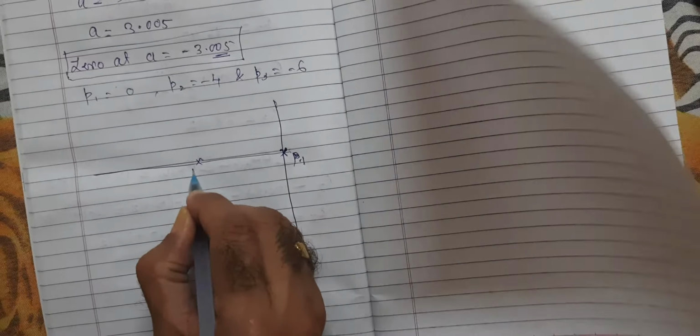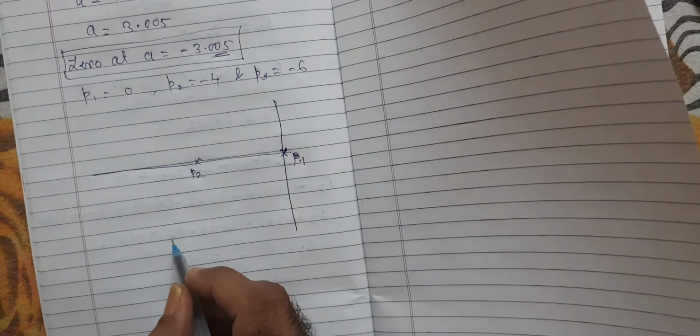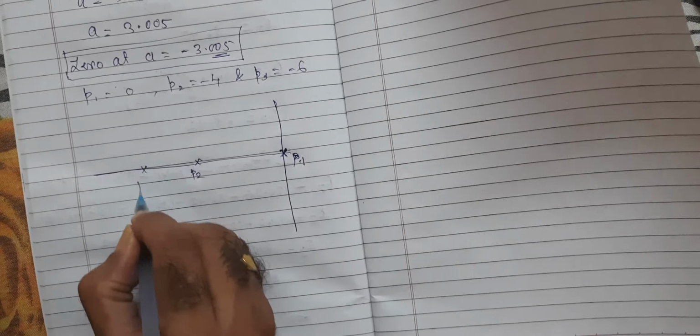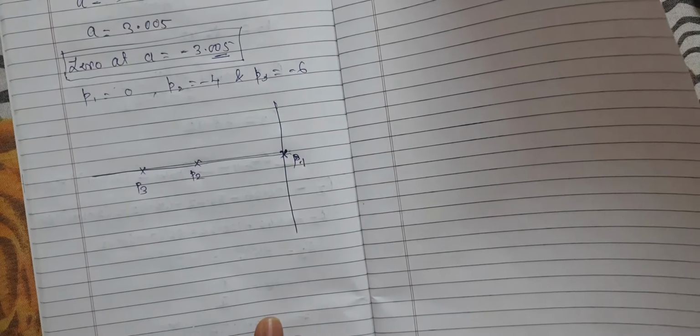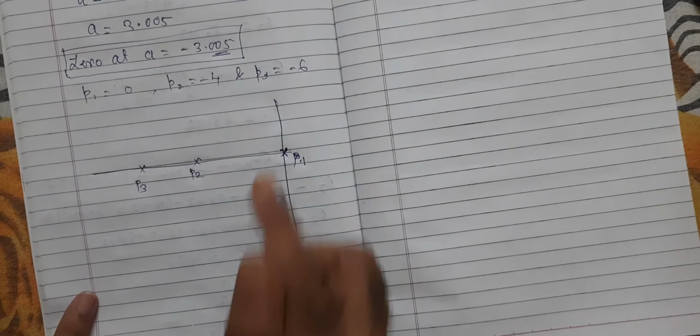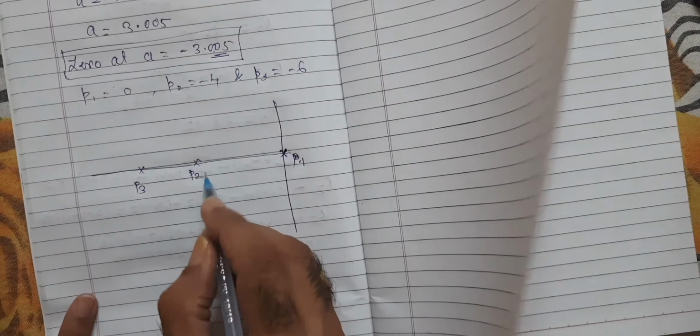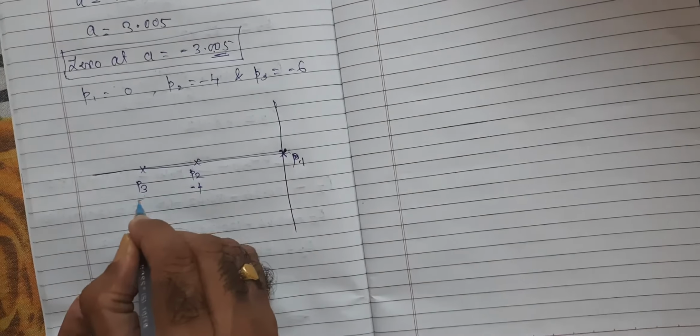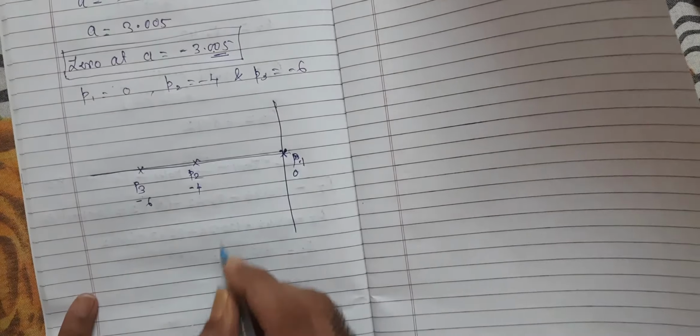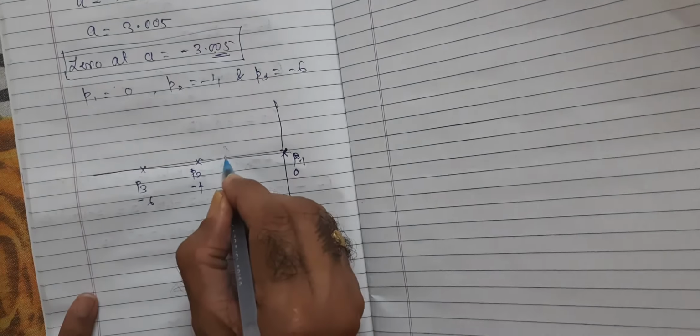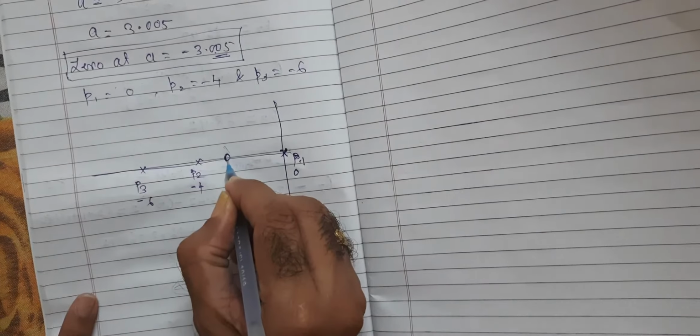So here it is P2, and here it is P3. Now my 0 is at minus 3.005. So this is minus 4, this is minus 6, this is 0. So somewhere here is my 0.